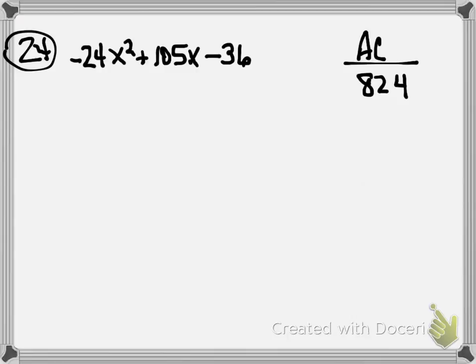On your calculator, you're going to do 824 and divide it by things. Clearly, if you use 2 times 412, that is not even going to get you close to 105. So you're going to have rather large things to make this work.